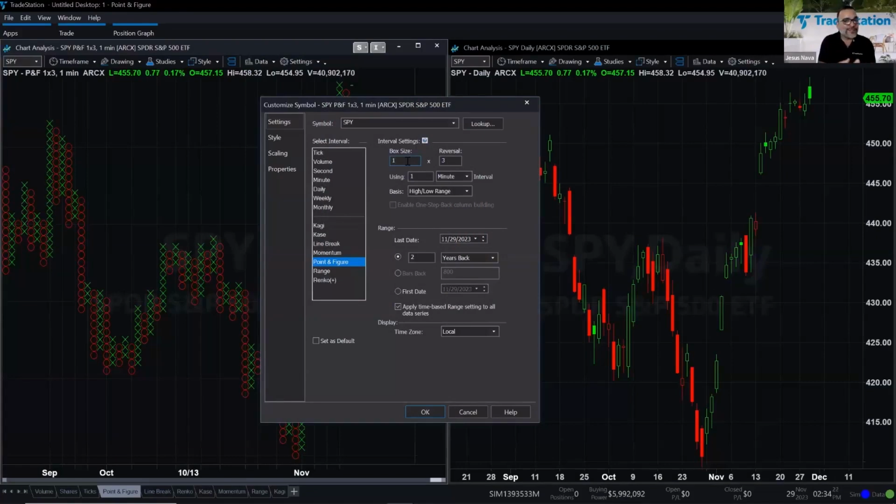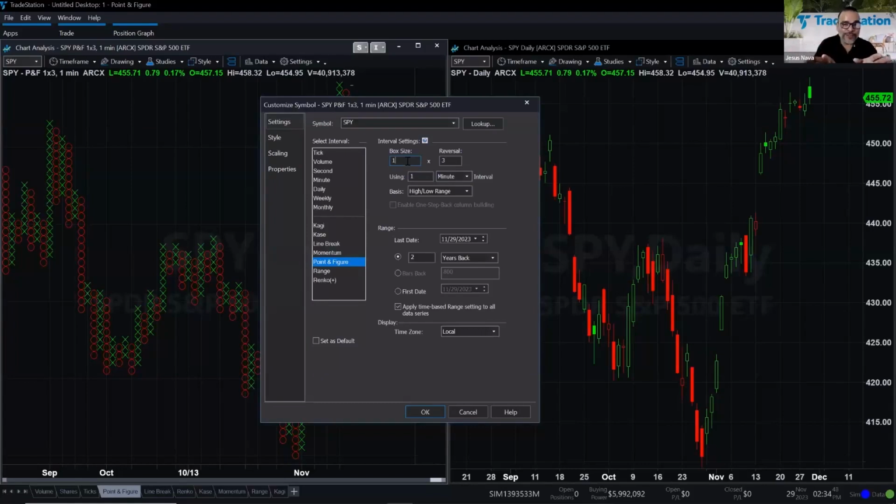So if I set it to 1, what I'm telling the chart to do is to monitor any price movement that totals 1 whole point. Maybe I think that a 1 point movement in SPY is significant. And when I think about it, maybe it's not so much, considering that SPY is priced at $455. A 1 point movement is not really that much, right?